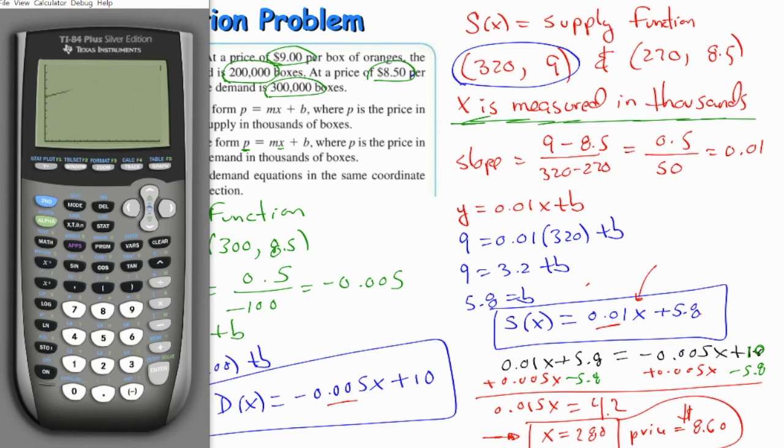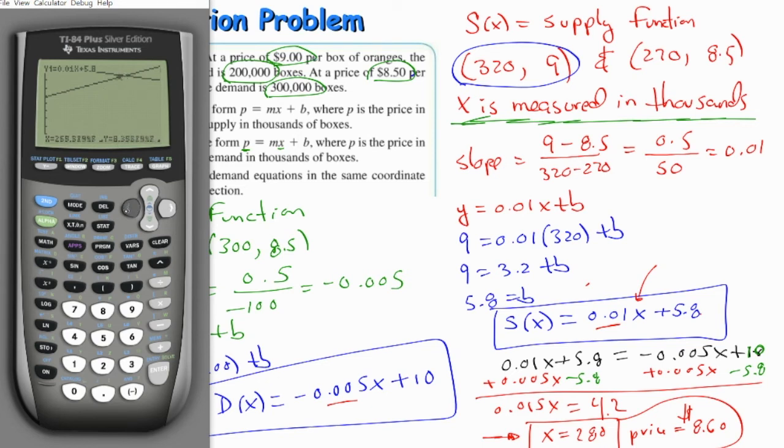And when I hit graph, now this equation is going to make more sense to me because the scale has been adjusted. And we can hit trace and trace the line until we get to the approximate intersection. And we can see that the x is about 280 and the y is about 8.60 just from tracing.